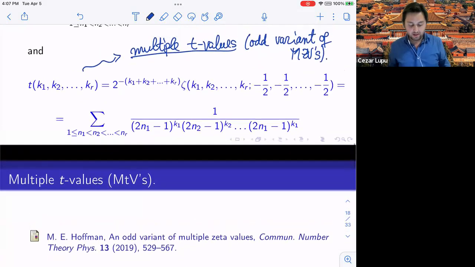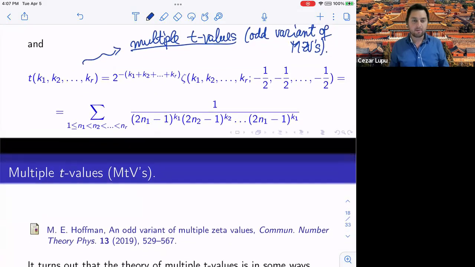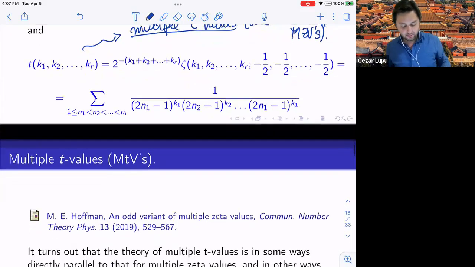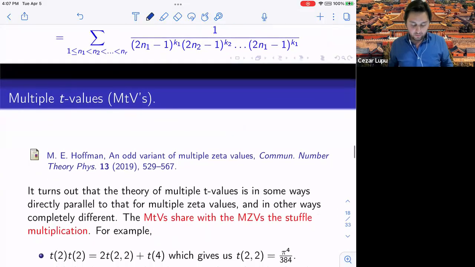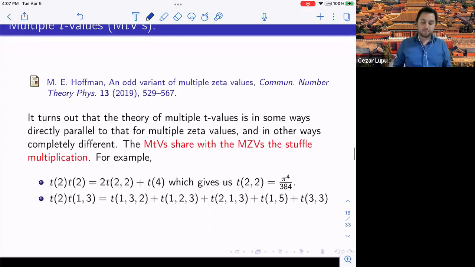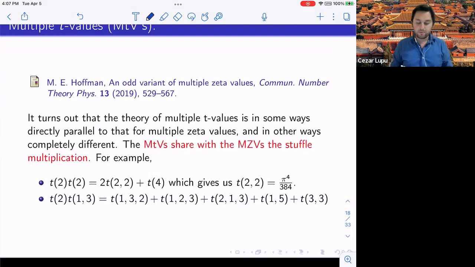And in fact, they were initiated by Michael Hoffman again. I forgot to say at the beginning, the theory of multiple zeta values just began in the early 90s, independently by Michael Hoffman and Zagier. So Michael Hoffman defined them in this paper pretty recently.